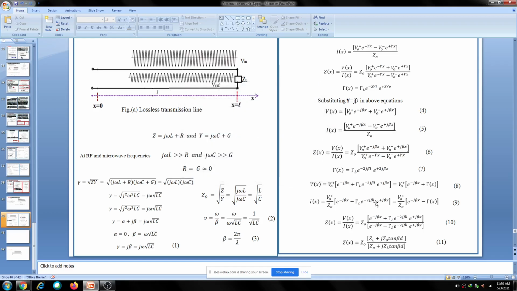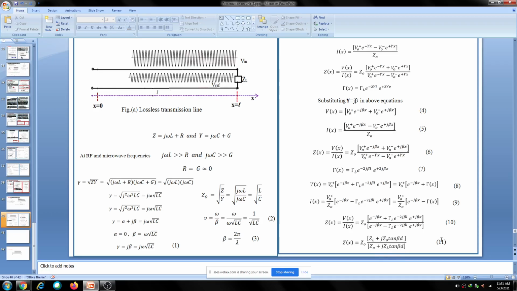So this entire term is the reflection coefficient at x. Similarly, z of x you can write as the ratio of these two, and by trigonometric form you can rearrange this.